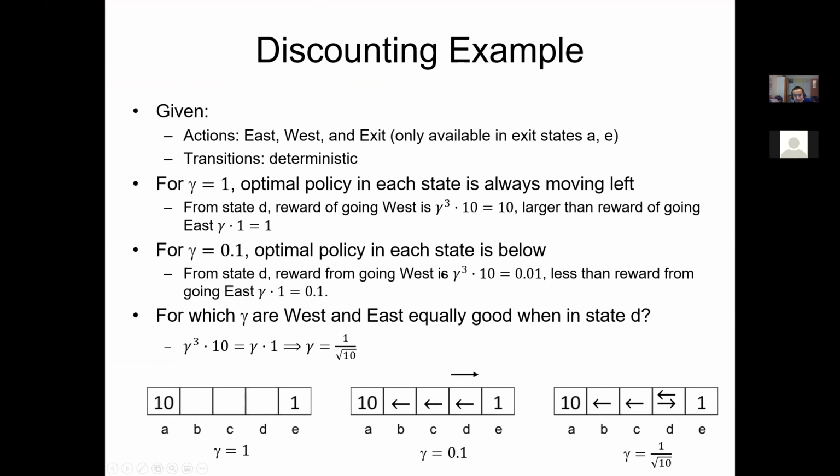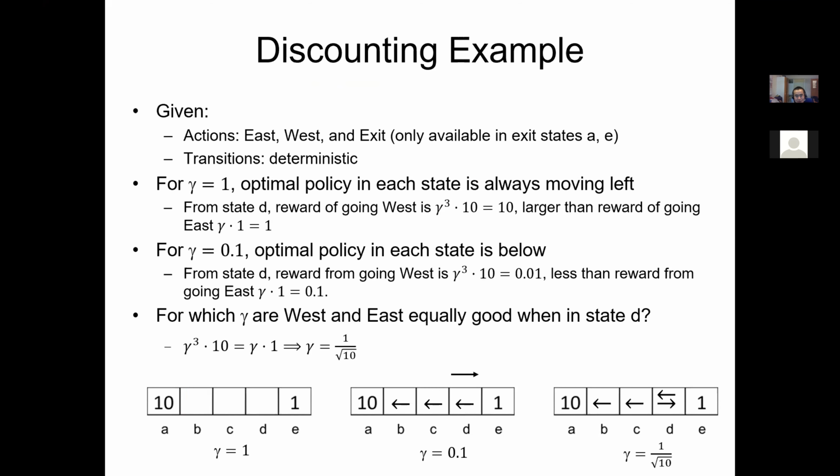But if you go east, you get a reward of 0.1. So from D, you should go east. But from C, you should go west because you have gamma squared times either 10 or 1. Obviously, going west is better for C.